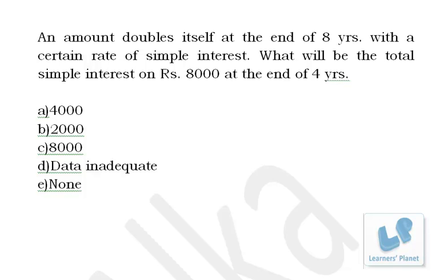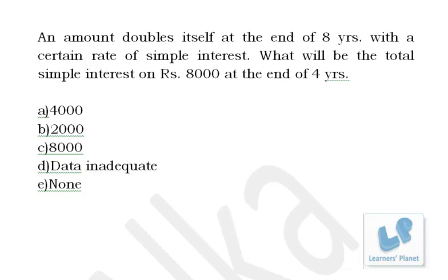So what was the simple interest? That is 100 rupees. So in 8 years if you are getting 100 rupees, that means in 4 years you'll be getting 50 rupees. Obviously every year the simple interest remains the same. So that is half of the amount. In this case, 8,000 is the initial amount, the principal.